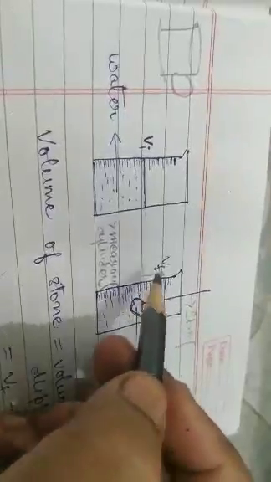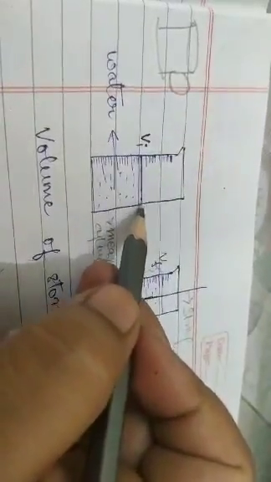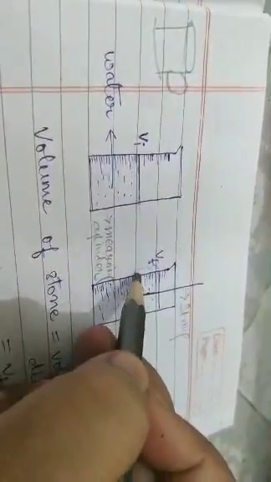What I am going to do is tie it with a string and immerse it in this cylinder. You have seen that when you immerse something in water, the water level rises. So now when you immerse this stone into the cylinder, the water level has risen. Initially the water level was up to here, and now it has risen up to here, right?